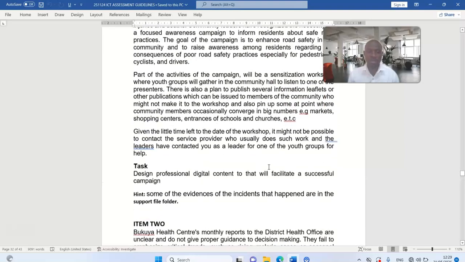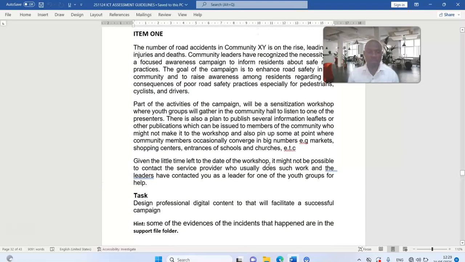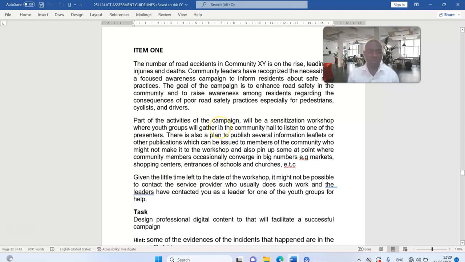Let's look at this number. Item 1 is saying the number of road accidents in communities X and Y is on the rise, leading to injuries and death.